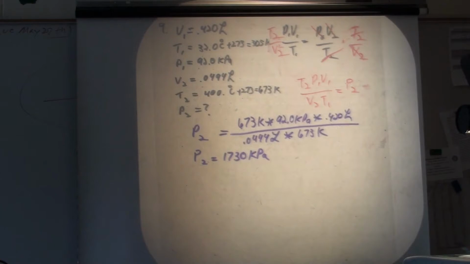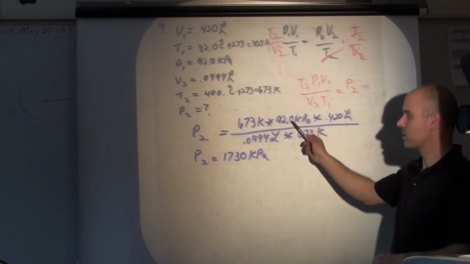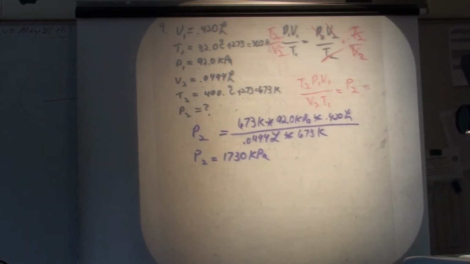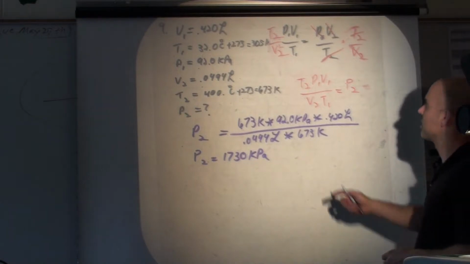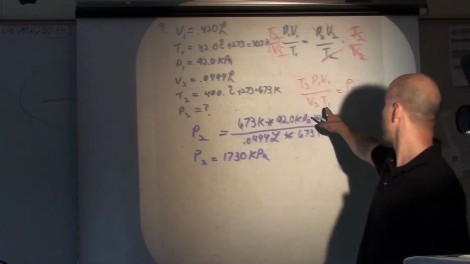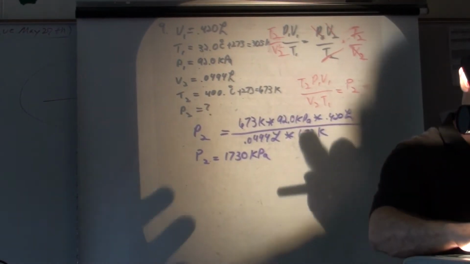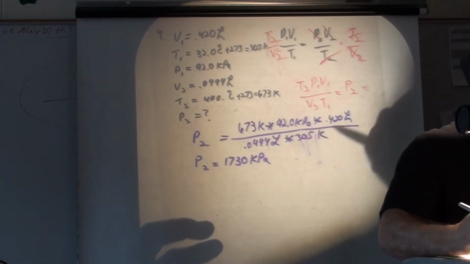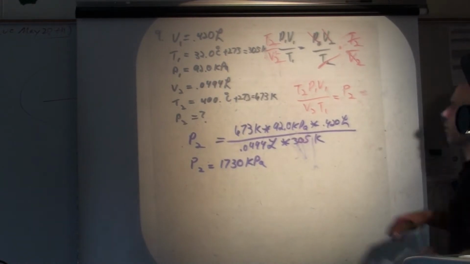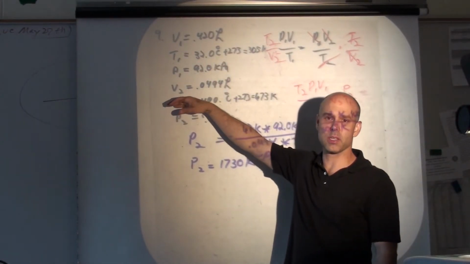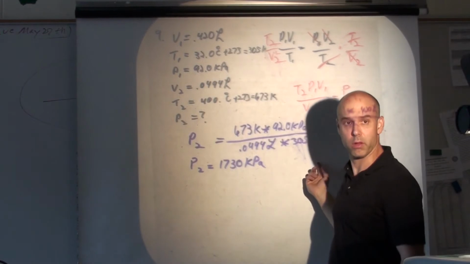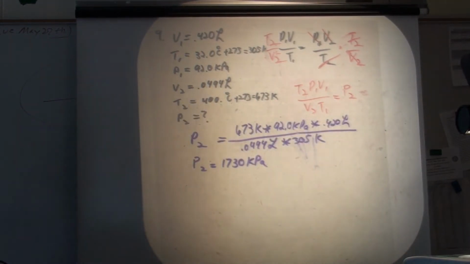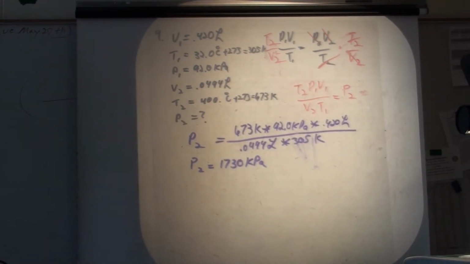Kelvins will cancel, liters will cancel, the only thing left will be kPa. One of the Kelvins is wrong. Whoops. Wow. T1 should be 305. Yes, it is. So, again, that's why we write everything down, because it's very easy to see I wrote the wrong one, right? But if you don't do that, it becomes harder to tell.